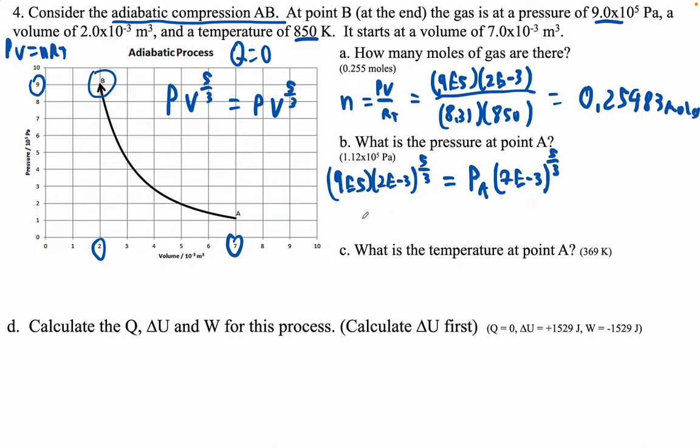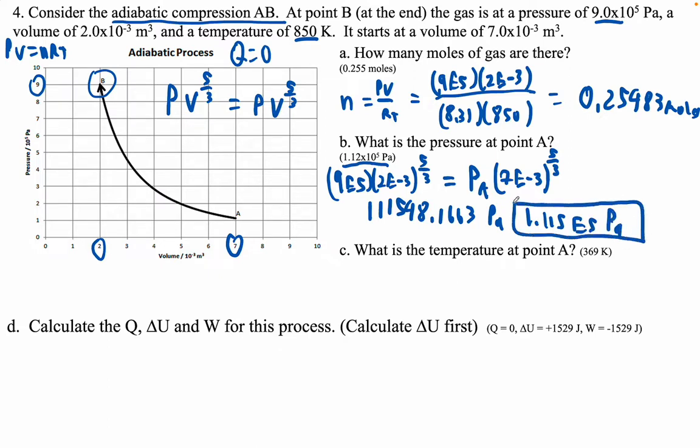And I get that it's 111,548.1663 pascals, right? So let's see, 1, 2, 3. So you'd say 1.12 times 10 to the 5th. That's where that answer comes from, right? 1.115 times 10 to the 5th pascals. Or 1.12 would be 3 sig figs, right?